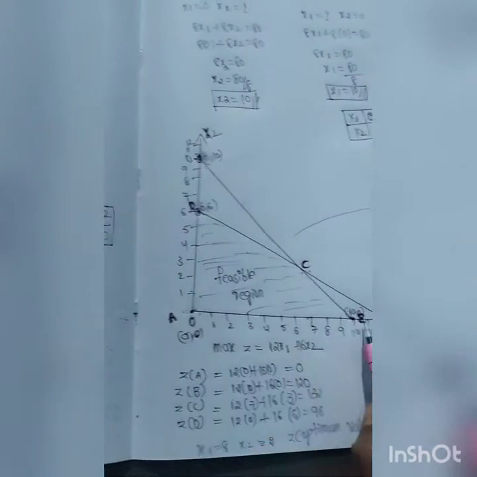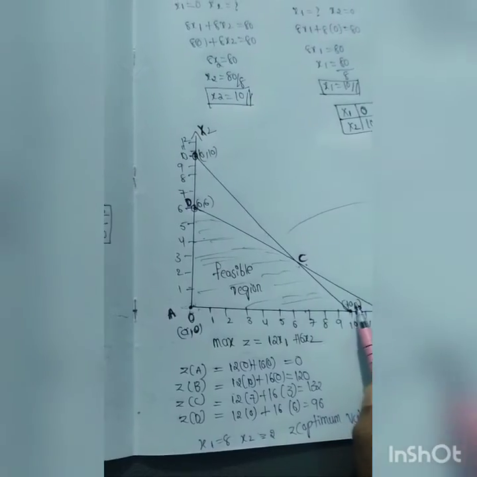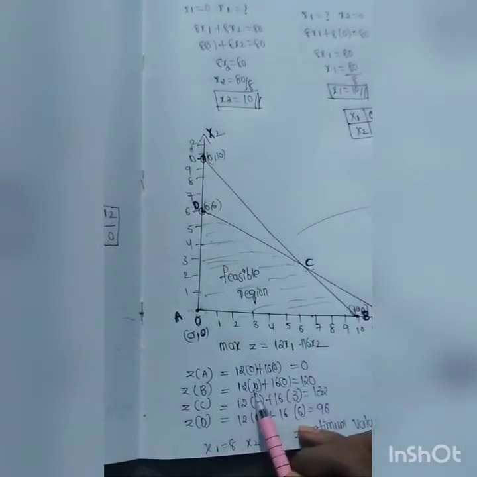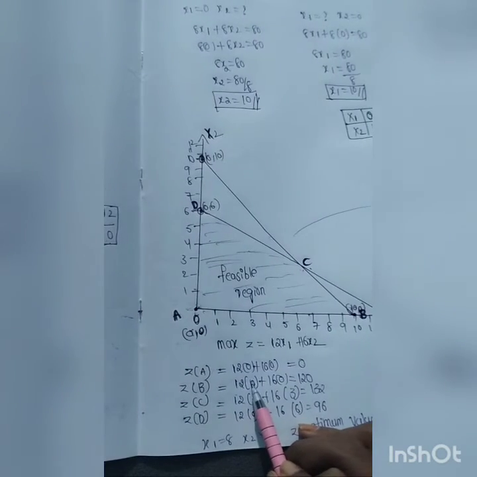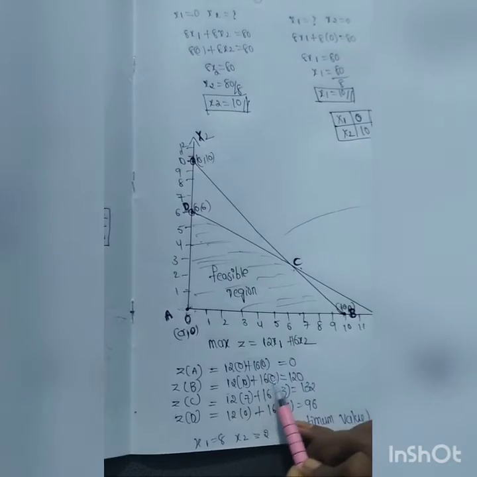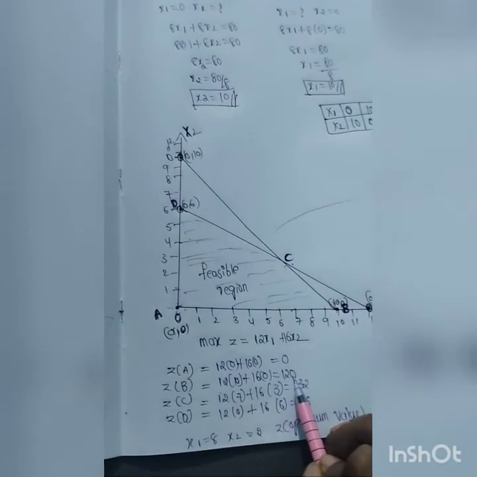And B value, 10 comma 0, 10 means x1 and 0 means x2. So 12 into 10 plus 16 into 0, this is the final answer 120.